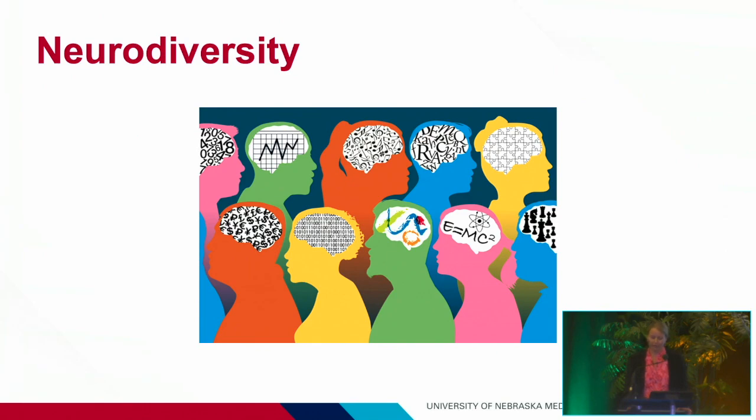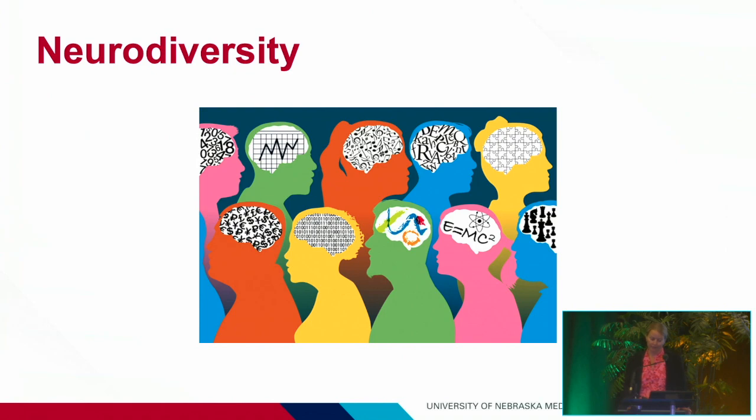First of all, what is neurodiversity? The concept of neurodiversity acknowledges that variations in brain function and behavior are natural aspects of human diversity, rather than deviations from a norm. Neurodivergent brains function, learn, and process information differently than those classified as neurotypical. Neurotypical people are then everyone else who is not neurodivergent.